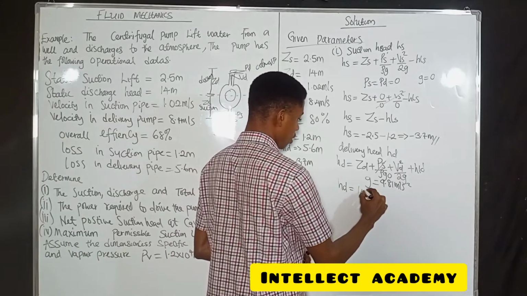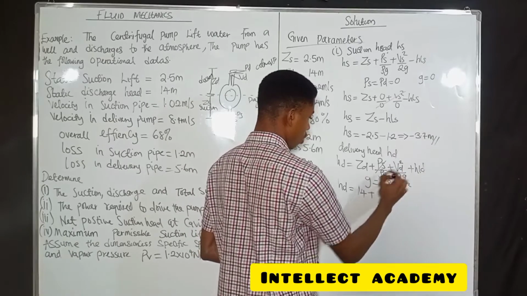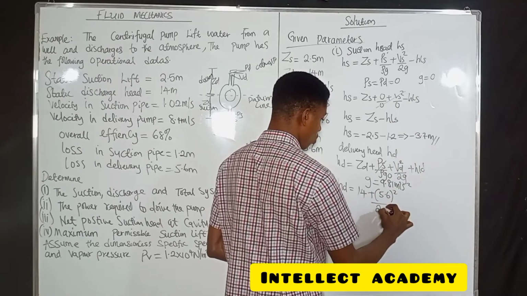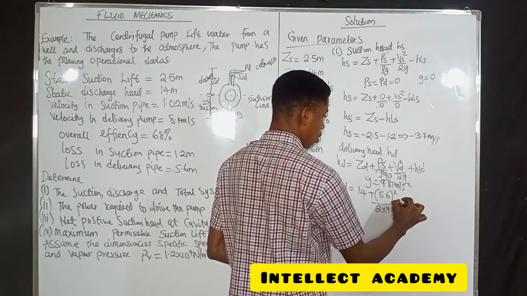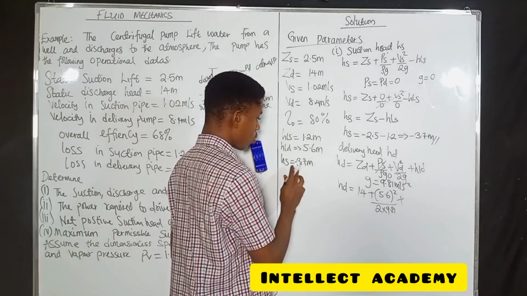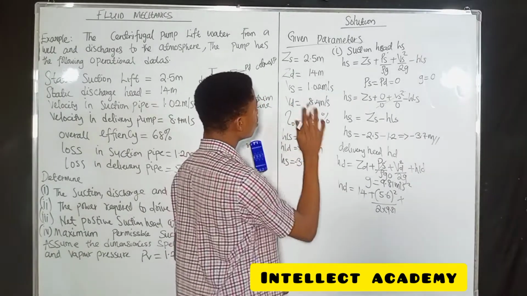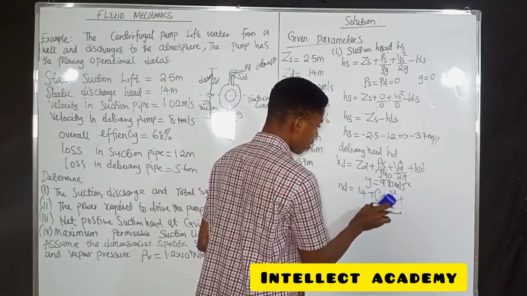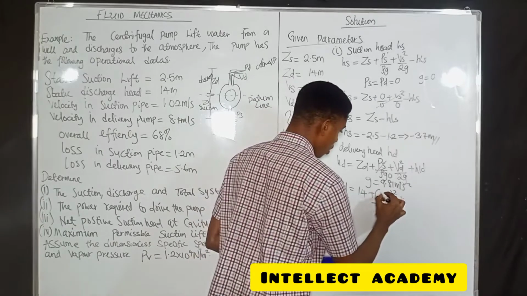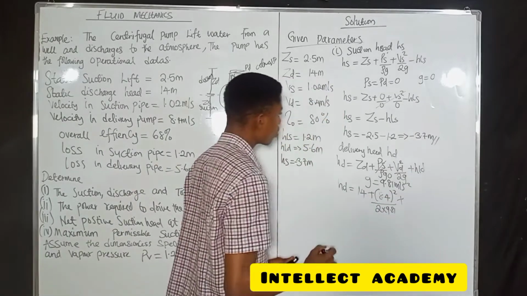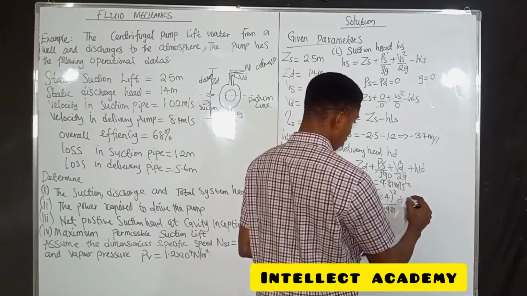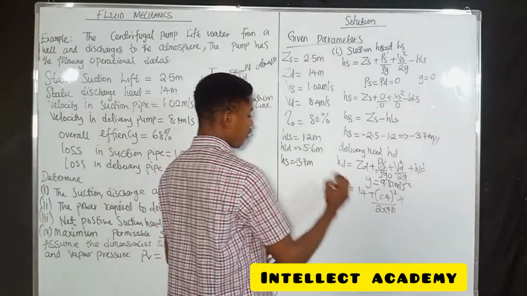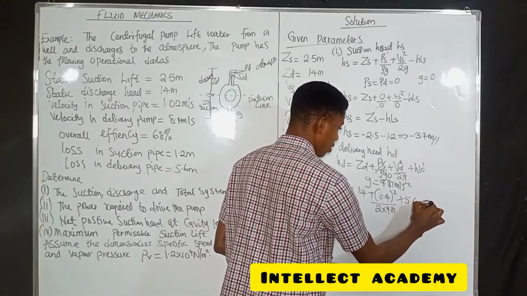So we have our HD given by ZD equals 14 meters. So we have 14 plus our velocity squared over 2 times 9.81 plus our HLD. Our velocity is 8.4 meters per second. Then we have our answer, which is our HLD to be 5.6 meters.